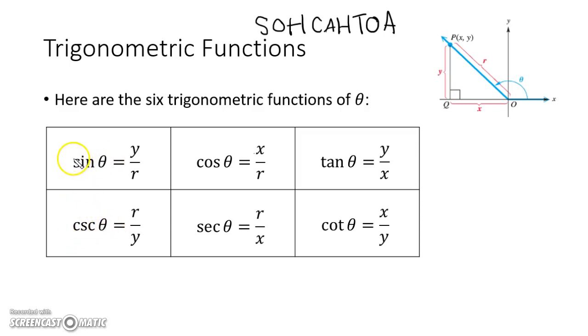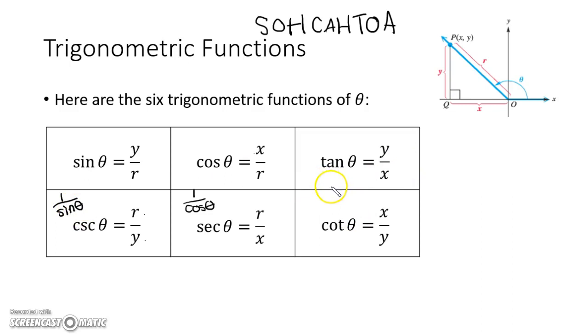Cosecant is 1 over sine, because you can tell the fraction is just flipped. Now we have the hypotenuse divided by the length of the opposite side. And secant is 1 over cosine. You can write that there, cosine theta. This was 1 over sine theta.